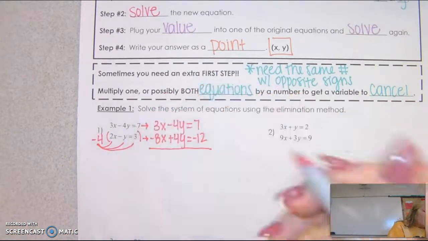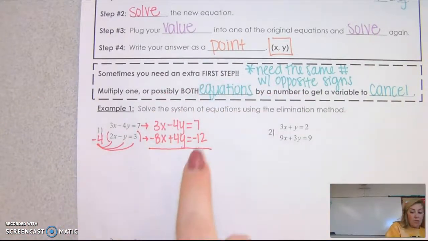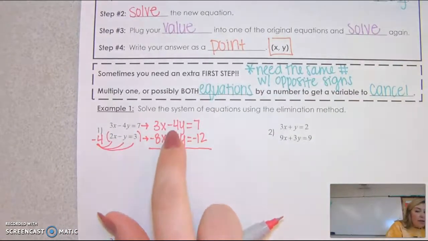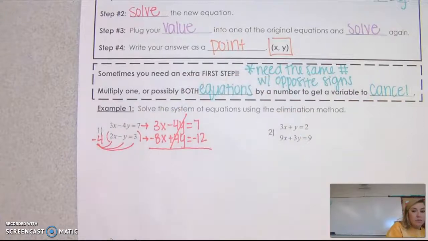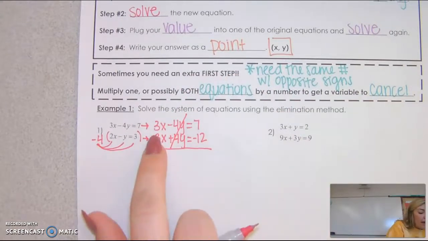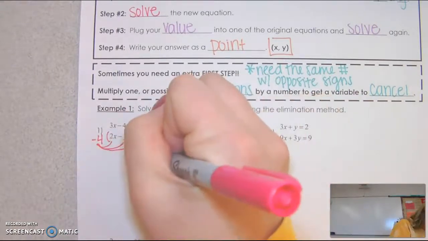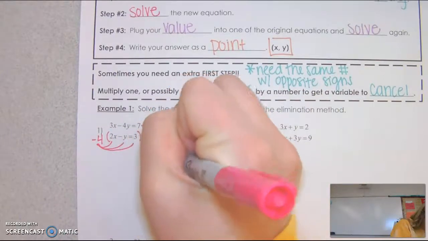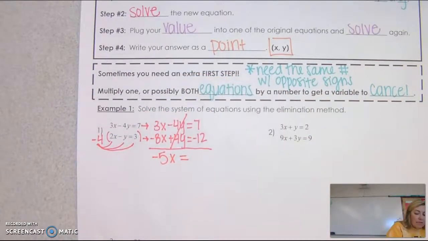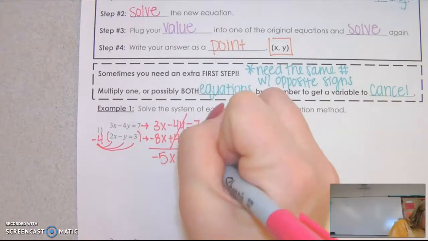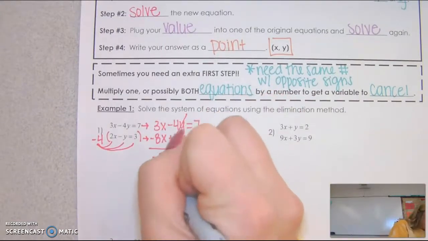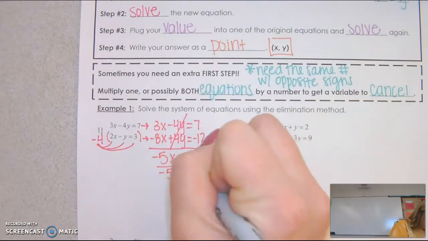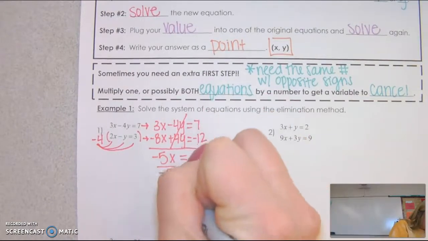Now I want to combine like terms going down. So if I look, I have a negative 4y and a positive 4y. Those are going to cancel. Then I have 3x minus 8x. That gets me a negative 5x. And 7 minus 12 is negative 5. And now I'm just going to solve for x. So divide both sides by negative 5, and x equals 1.